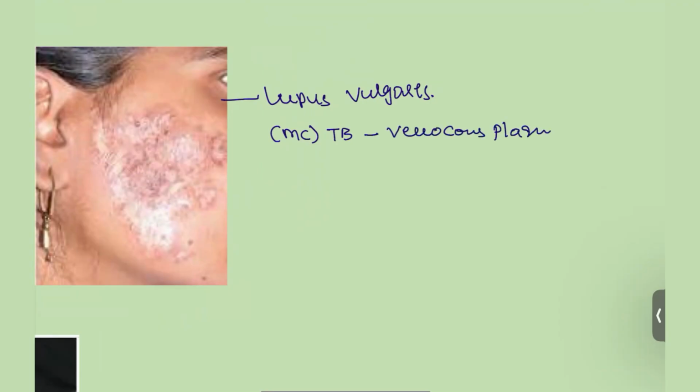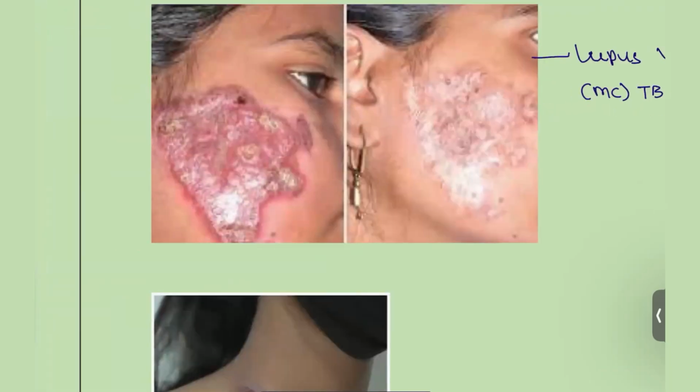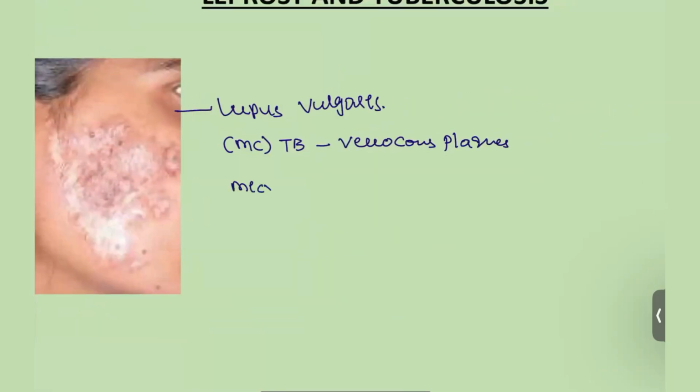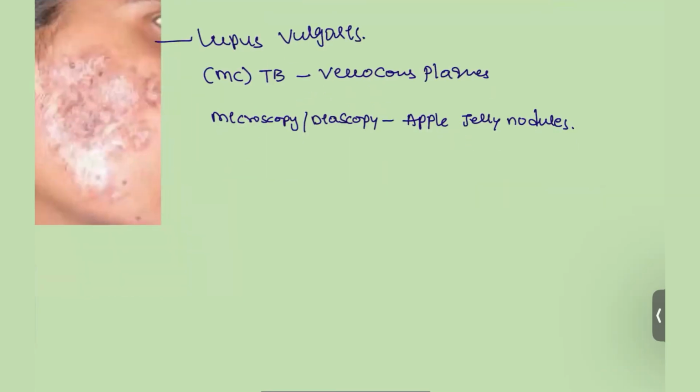On microscopy, it is going to present as an apple jelly nodule. Granulomas are also seen.